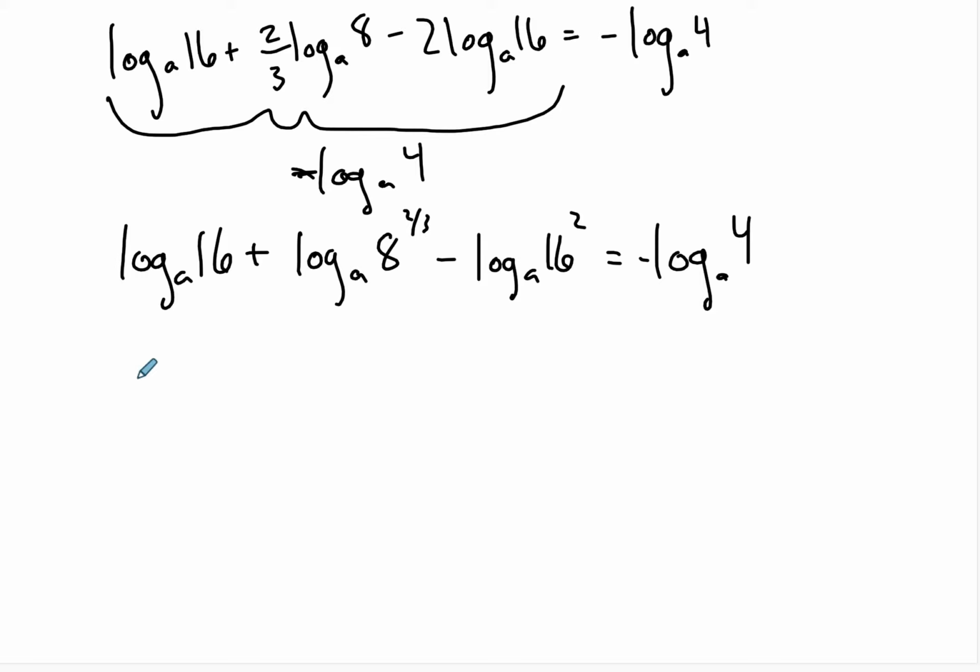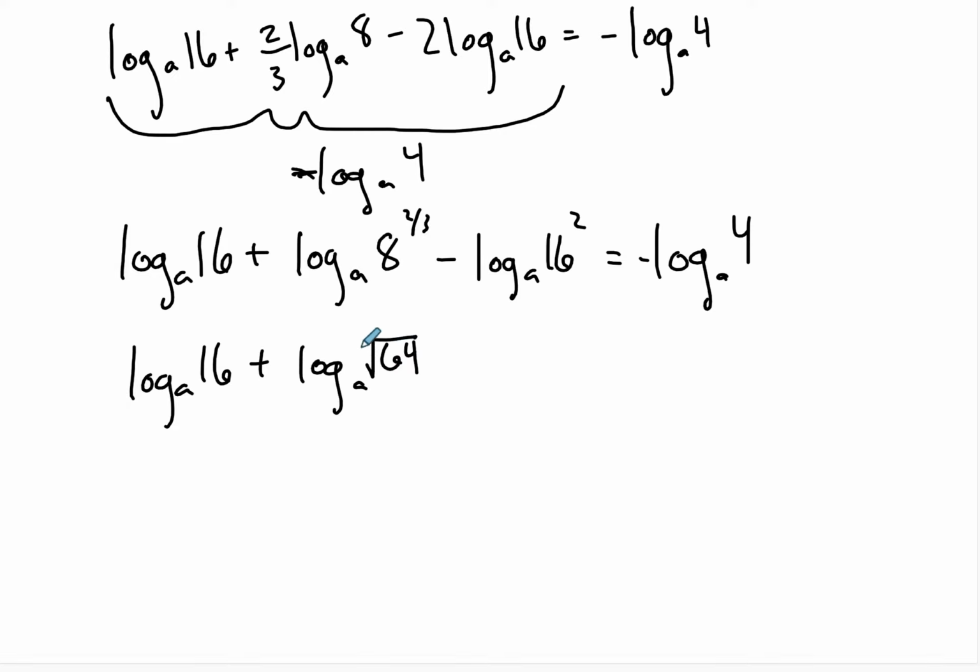Alright, so now I have to go one step further and actually process what these exponents look like. So log A of 16 plus log A of... Now remember that the numerator of a fraction exponent tells me what I do to the number itself. So here I'm actually going to square 8, so I'm going to be having 64. And this denominator tells me what I have to do in terms of a root.